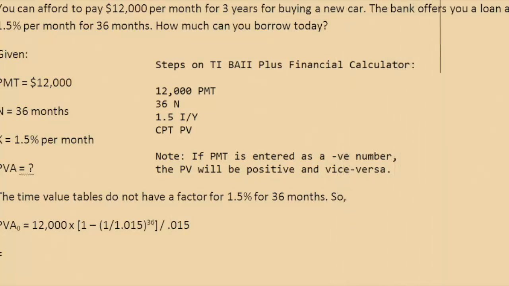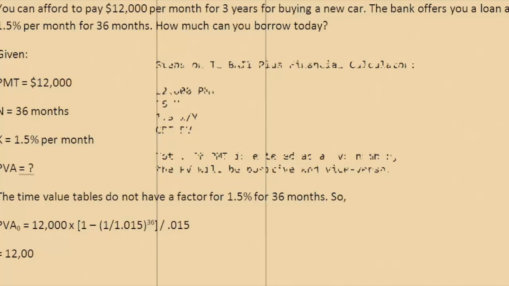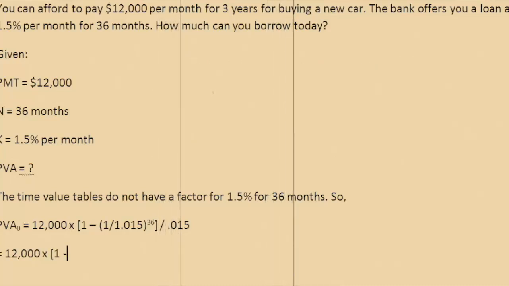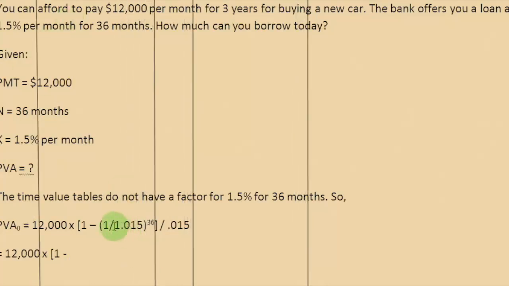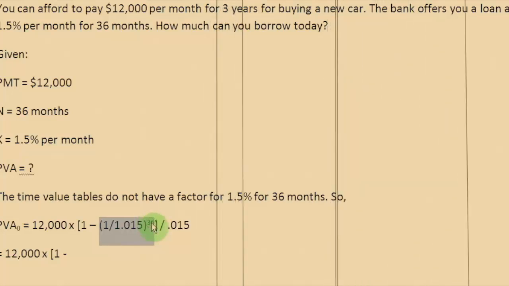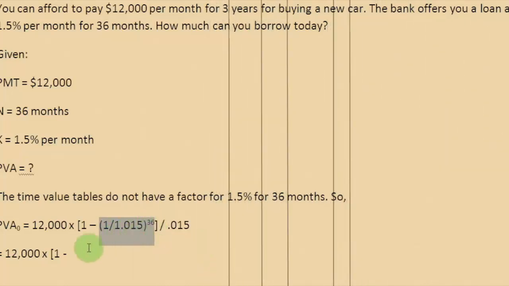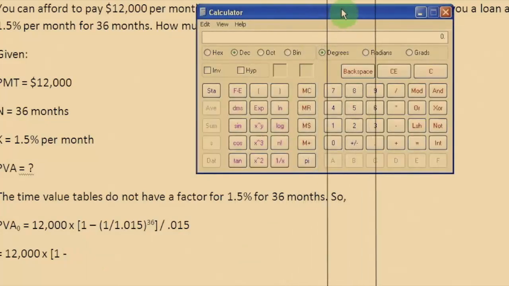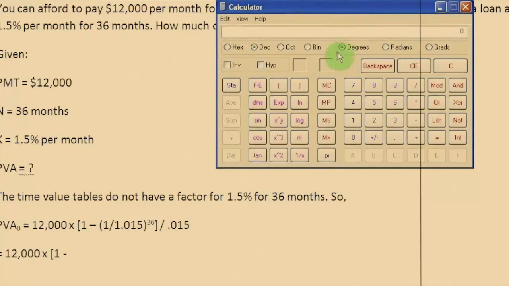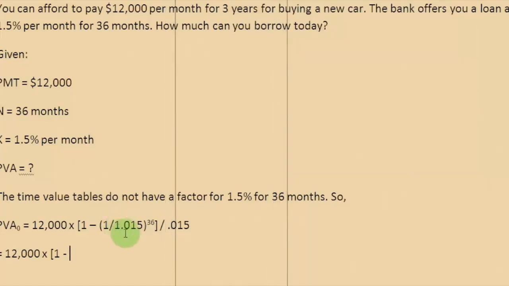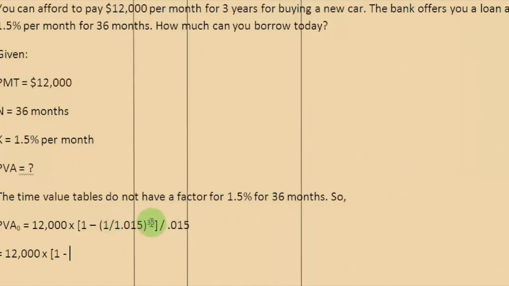Now let us solve it. We write again 12,000, and let us solve the quantity inside the bracket. 1 minus. Now let us do something about this term here. On your financial calculators or on your scientific calculators, this is going to be pretty easy, but I'm going to have to spend some time on the desktop calculator because it is not that user friendly. So what I'm going to do is to first of all find out the value of 1.015 to the power of 36.